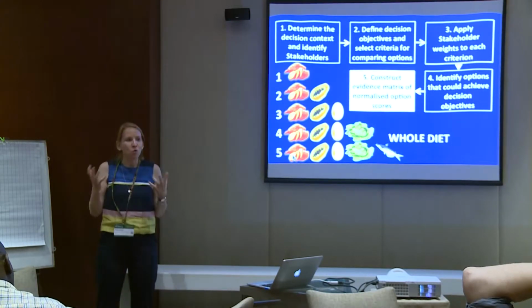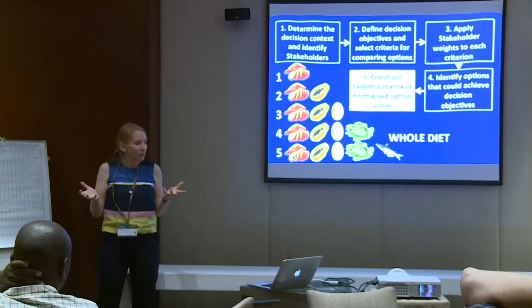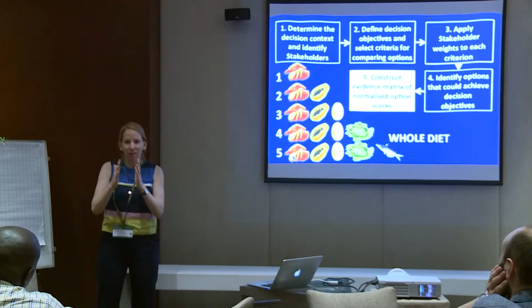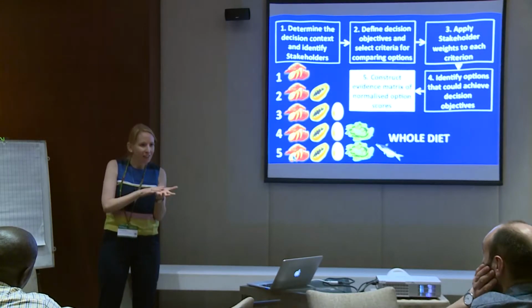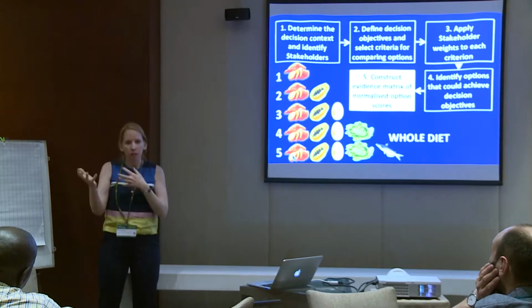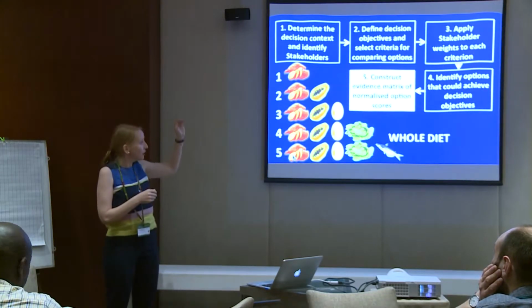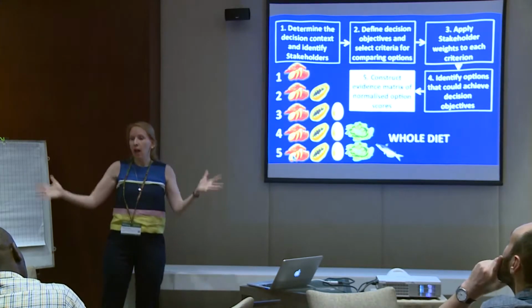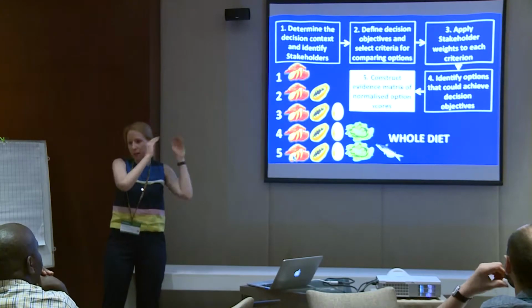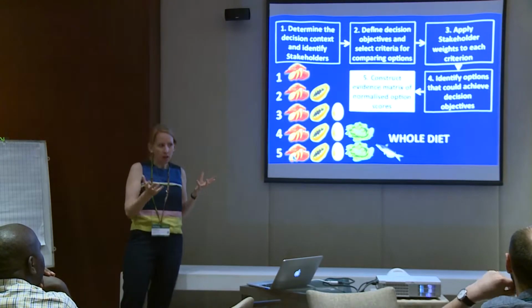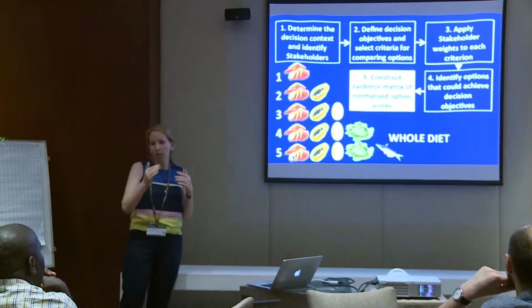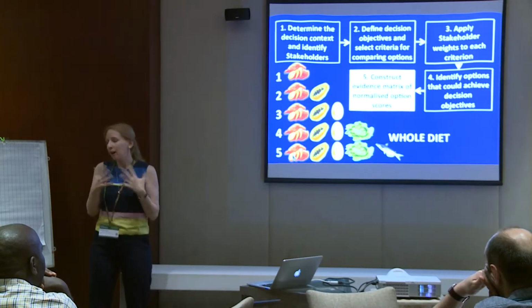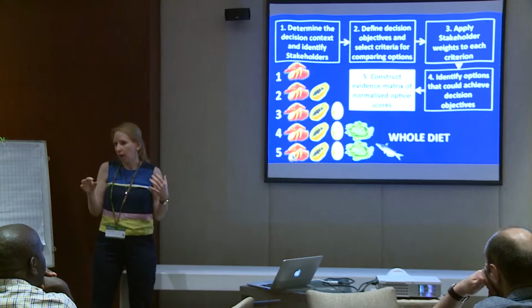So if it's water, how much water this particular food needs, it's a relative scale based on whether it's very high or very low, and whether you have good data from the seed supplier, or whether you need to use local estimates. So you enter those scores for every single criteria for all of the individual foods, and then the software will do a combined score, using either a weighted average or taking the lowest score from that food combination if it's something that would act as a bottleneck to producing that entire combination.